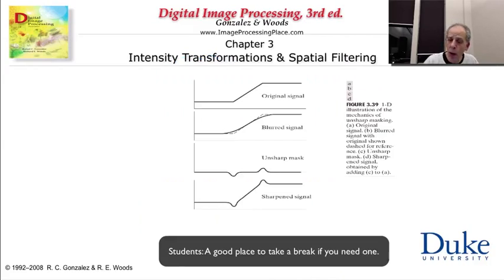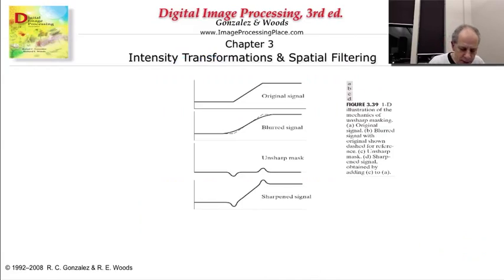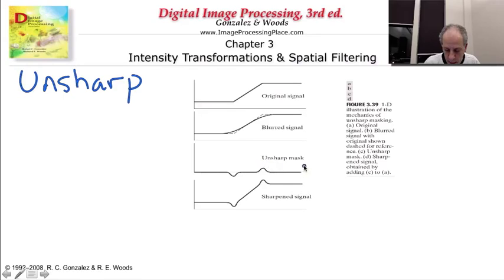One of those effects is what's called unsharp masking. It's a very famous concept, very simple. We have it here. The idea is very simple. You take the image and you smooth it out.